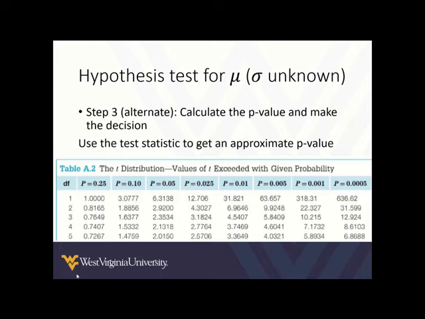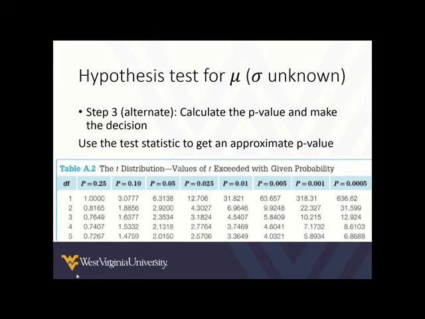If we want to calculate the p-value and make our decision that way, it is a bit more difficult. When you were using the z-table, you were able to pretty much get the p-value exactly. In this case, the best we can really get is an approximation. And how we do that is we take our test statistic and we find the range of values that it would have lied between.